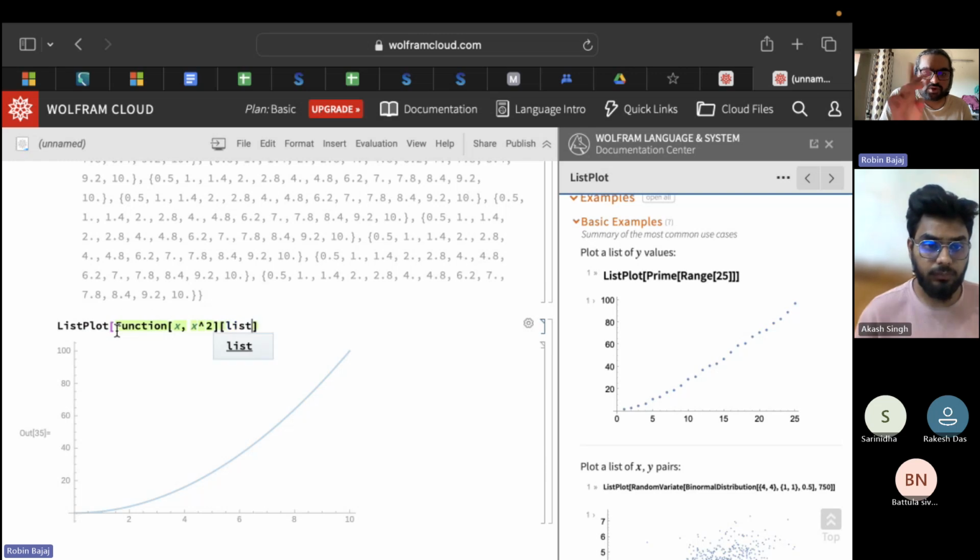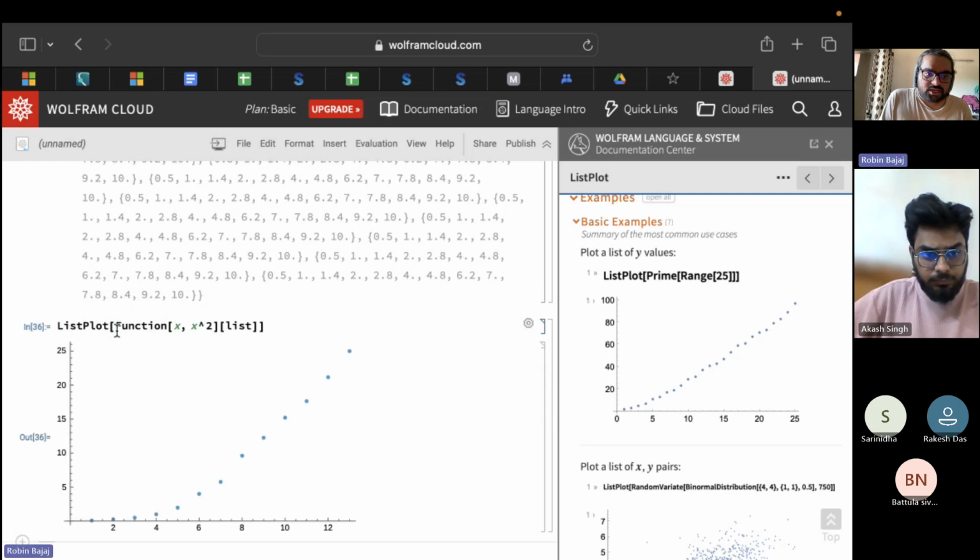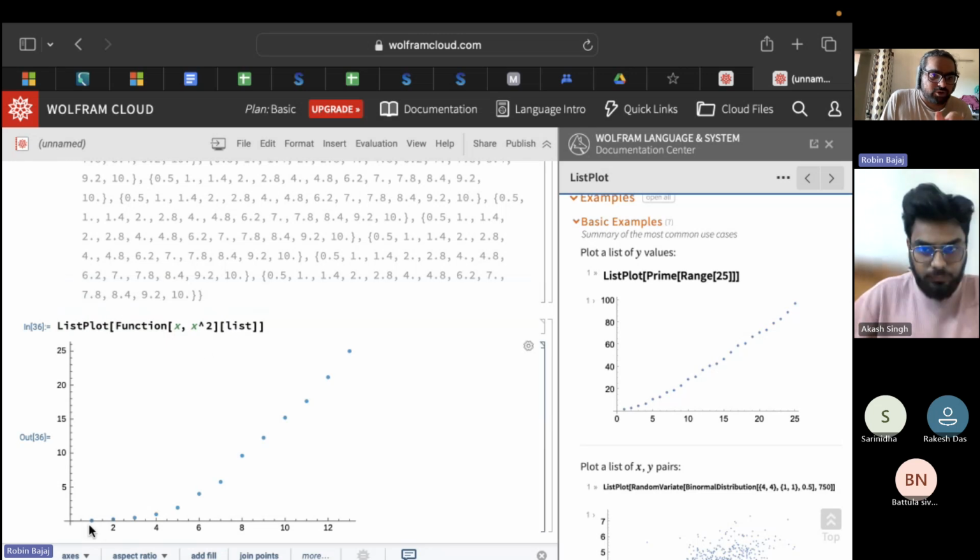Let's say our list was the old one, which we defined earlier. So it gave discrete values, and the list was 0.25 and all those numbers. It found the square of that and plotted it as a function of the length of that list. Basically, for 1, it gave the value 0.25 square.